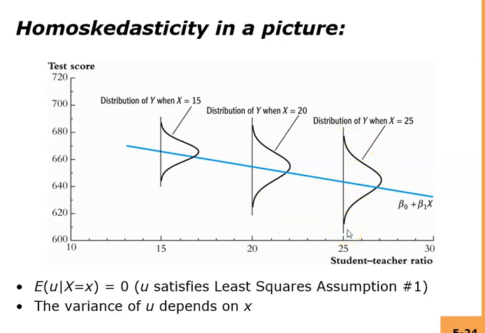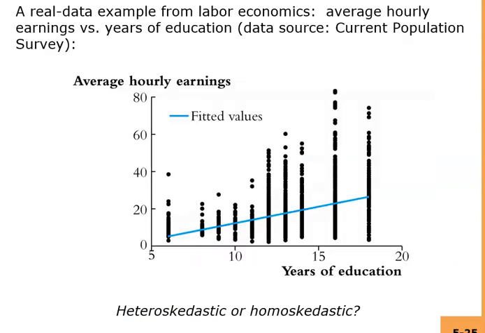So if that is the case, it means that the variance of u is not constant across all x's. The variance is actually increasing with x in this case. So the variance of u depends on x, which simply means that this is the case of a heteroskedastic error term. This can also be seen in the relationship between years of education and average hourly earnings.